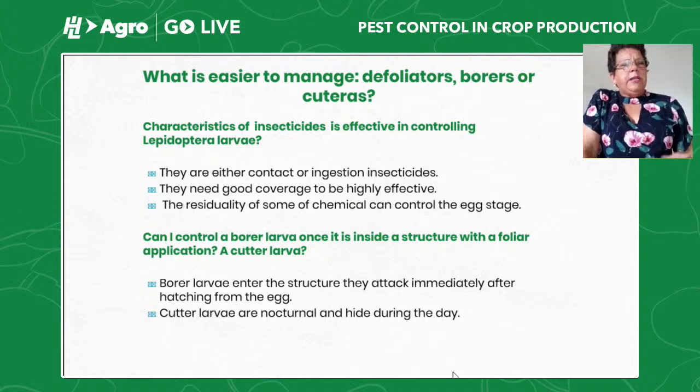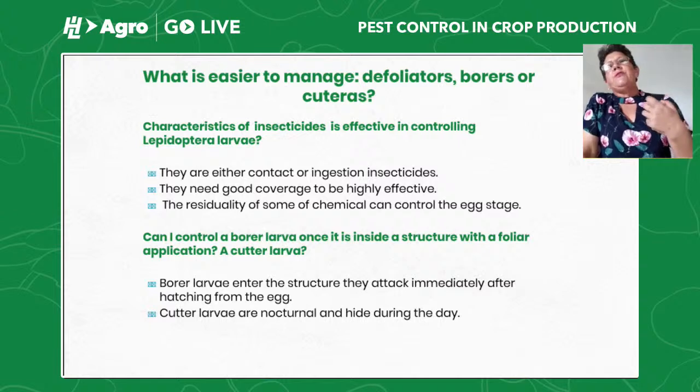And the residuality of some of the chemicals can help you to control the egg stage. Normally in Lepidoptera, in our relatively warm climate, the egg stage doesn't last more than 4 or 5 days. If you have an insecticide that lasts longer than 6 or 7 days and you have good coverage, that ensures that you end up killing the larvae that come out of the eggs.